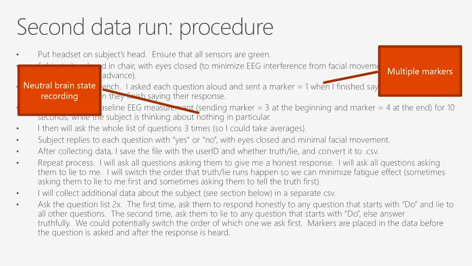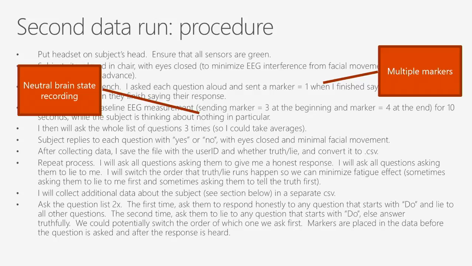The multiple markers was one. The second was the neutral brain state recording. Each brain really does have its own unique signature. When you think about it, it's very similar to voice recognition, right? We all can say the same words, but our voices sound a little bit different when we say them. Different timbres and pitch and all that other stuff. I don't know music theory, but that sort of thing. So I started taking a neutral brain state recording.